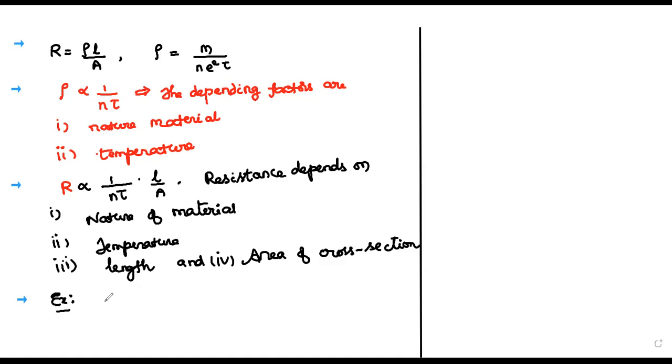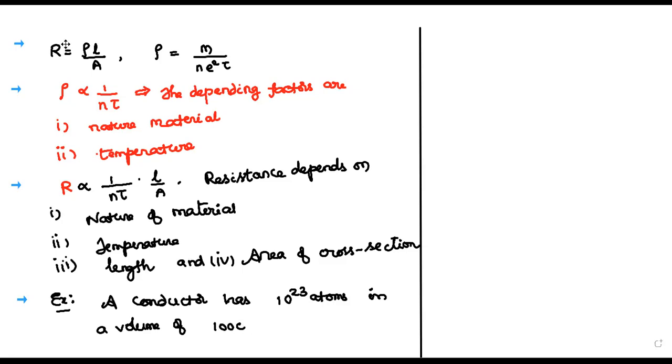Suppose I take one material, a conductor, which has 10 power 23 atoms in a volume of some 100 centimeters cube, and each atom releases one electron in the excited state.